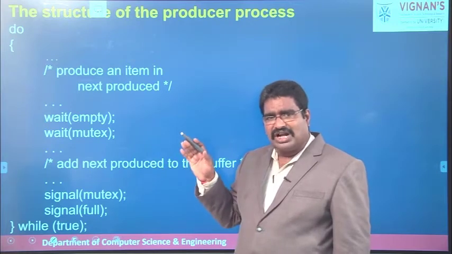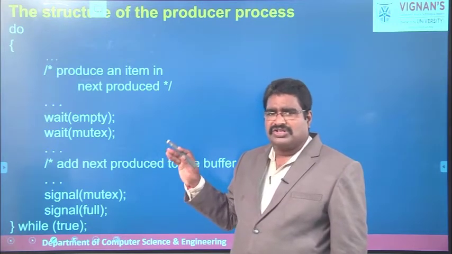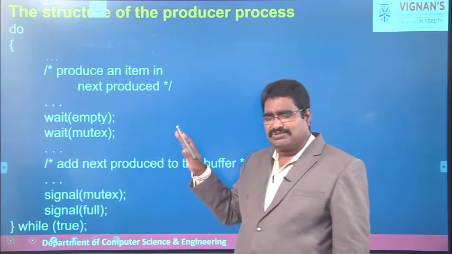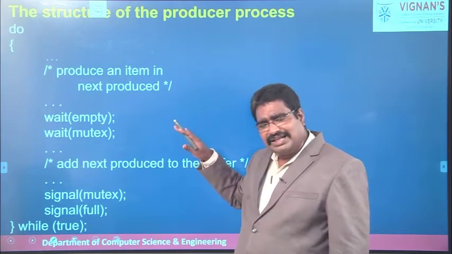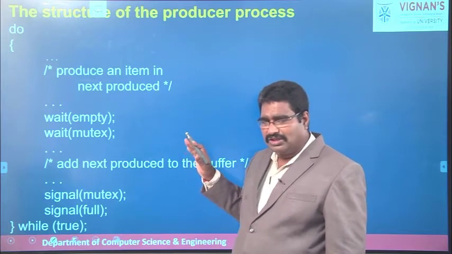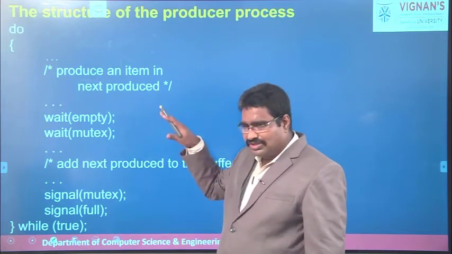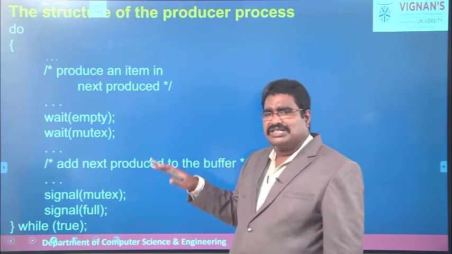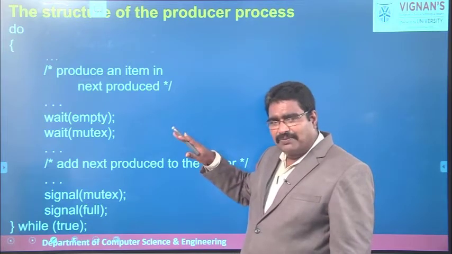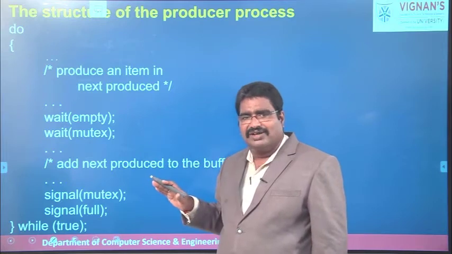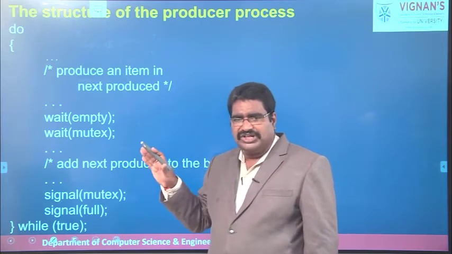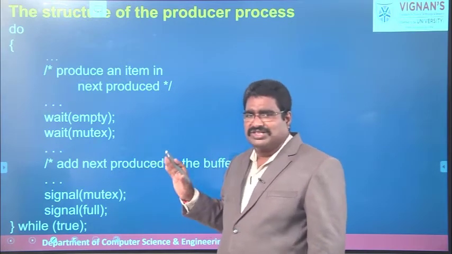If the free space is not available, the producer process needs to wait until free space is generated, and only then is he allowed to place the item, and next he produces one more item. So the producer produces, places the item into the buffer when space is available, and produces one more item. This process is repeated.